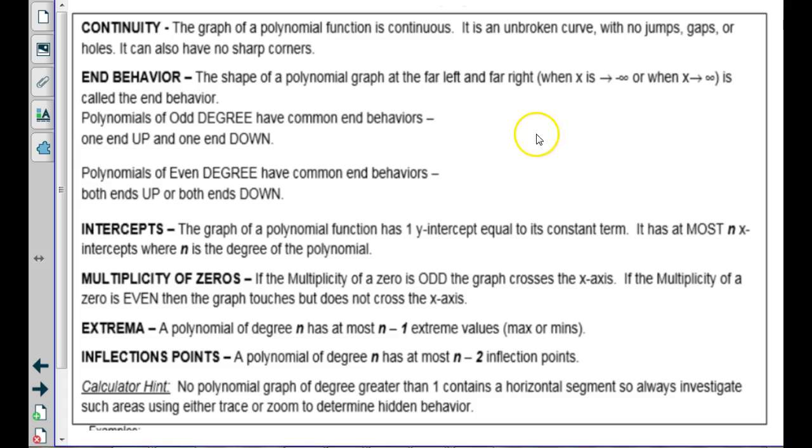Anytime I tell you the degree of a polynomial, what is that degree telling you? The degree tells you the number of zeros, okay? It tells you the end behavior is odd or even, meaning if it's even, both ends are up or down. If it's odd, they go opposite directions. It doesn't tell you bounce or cross. That's the multiplicity.